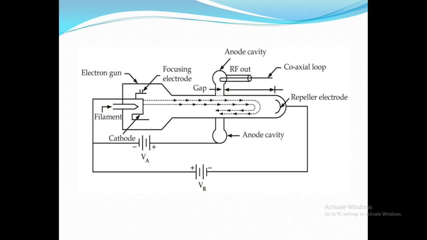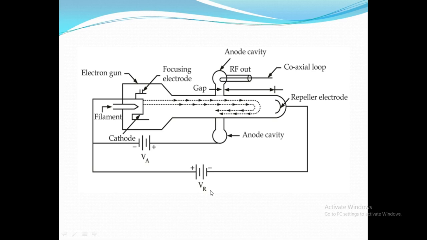After passing the gap in the cavity, the electrons travel towards the repeller electrode, which has a high negative potential, that is VR.